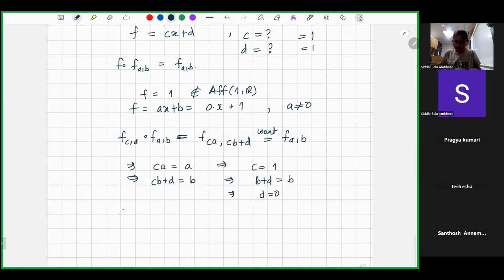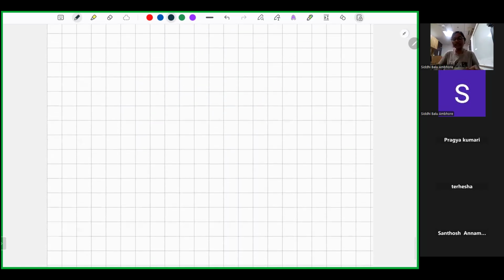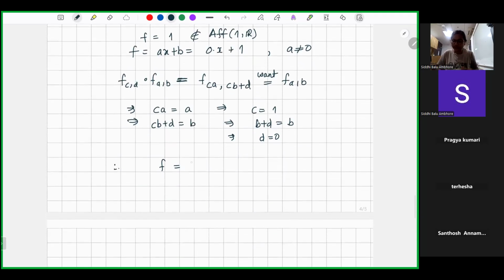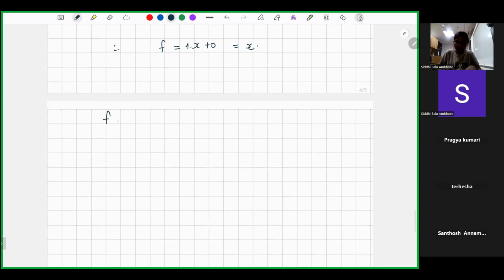Okay, so therefore, by the calculation which we did, I get that function f which I wanted as identity, as x plus 0, that is just x. So this is 1x plus 0, that is just x. And if we check now, this f composed with f a comma b for any function, this is f composed with ax plus b, but that is what? 1 times ax plus b plus 0, and that's my ax plus b.